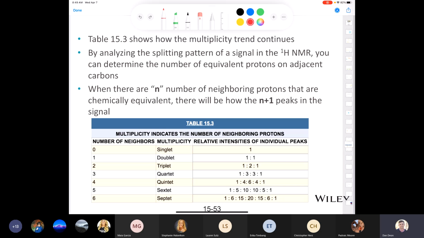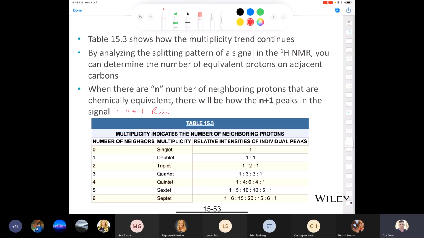But just by analyzing the splitting pattern of a proton NMR, you can determine how many equivalent protons you have on the carbons next door or adjacent carbons. So we have n number of neighboring protons that are chemically equivalent. Then we're going to have n+1 peaks in the signal, and we call that the n+1 rule.